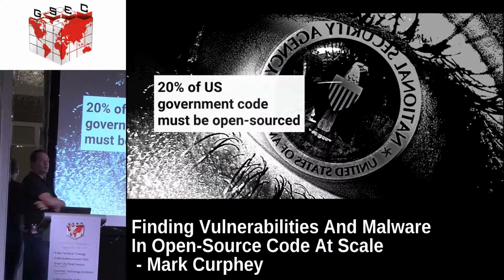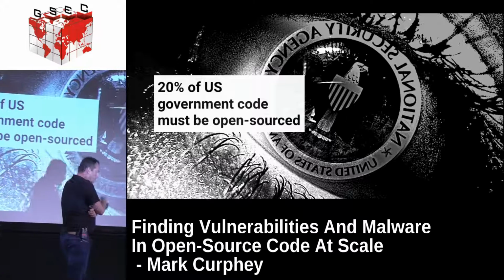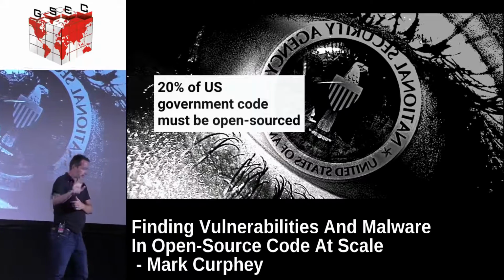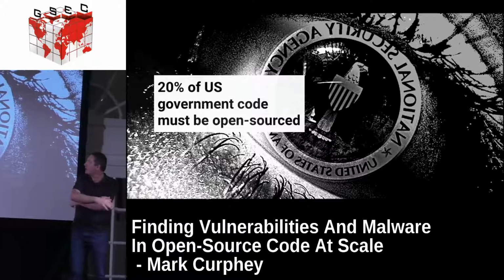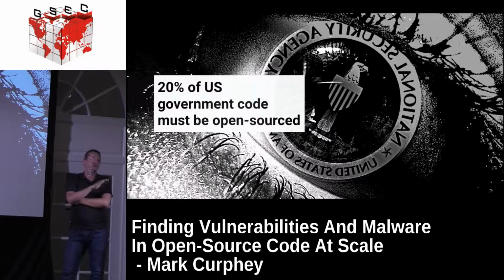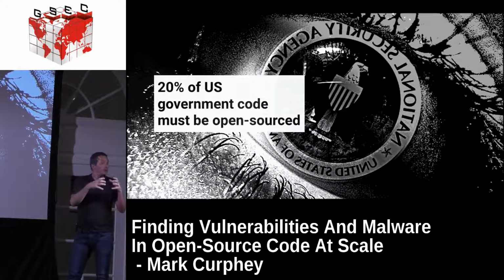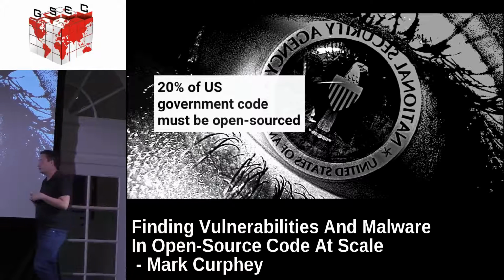And that trend has got to the point where the US government now has mandated, and by the way, I'll make some Trump jokes about the US government, don't worry, we'll get there, that 20% of all of the code produced by the US government has to be open sourced. So if they get something or build something, 20% of it has to be open sourced.